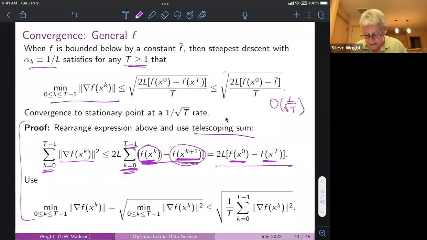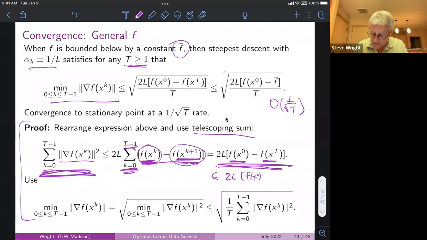Everything else just cancels out. So I've got that the sum of all the gradients squared is bounded by this constant. I'm assuming here that f is bounded below by f bar, so I can say that this is less than or equal to f of x naught minus f bar, because f of xt has to be greater than f bar.